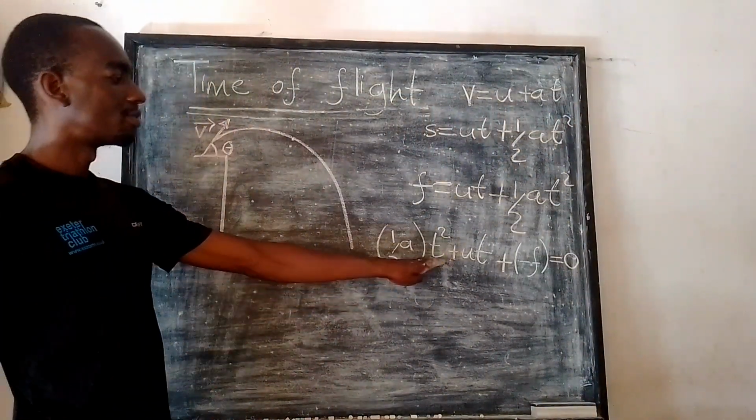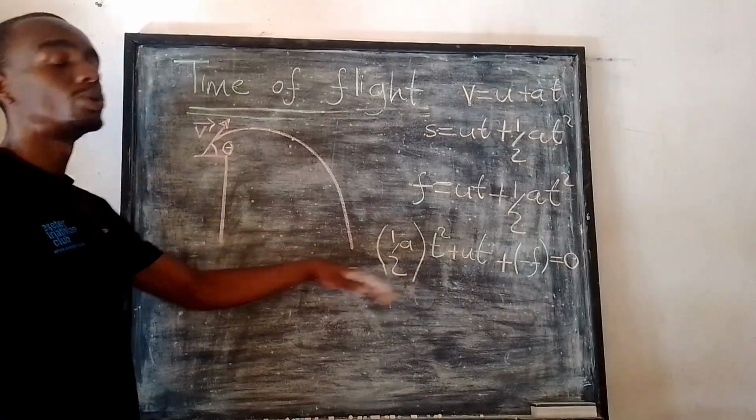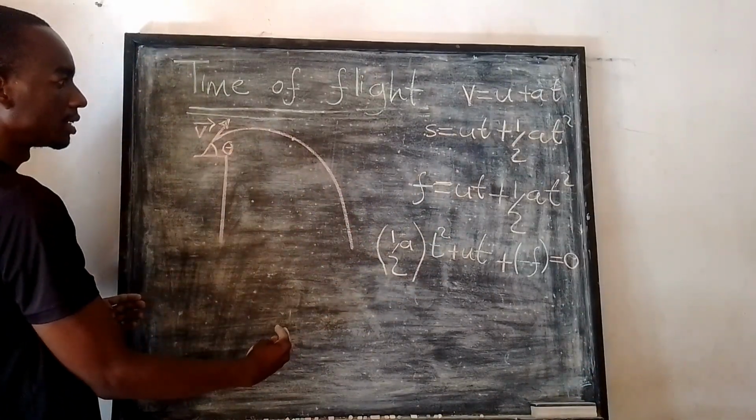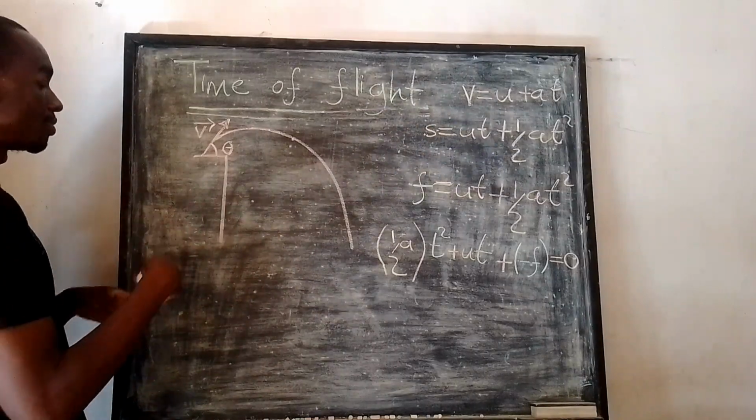So you'd have to find the value of t. Finding the value of t would then give you the time of flight for this entire motion. It just applies like in the previous scenario.